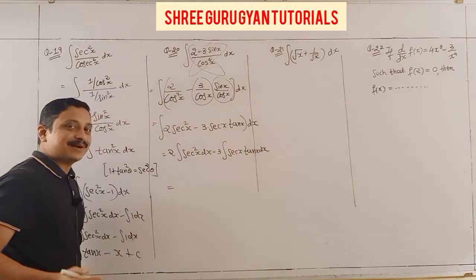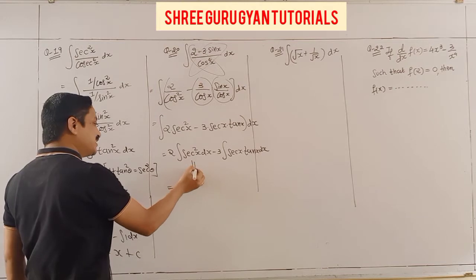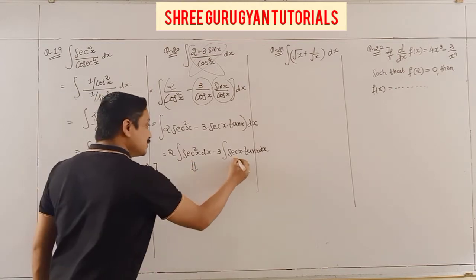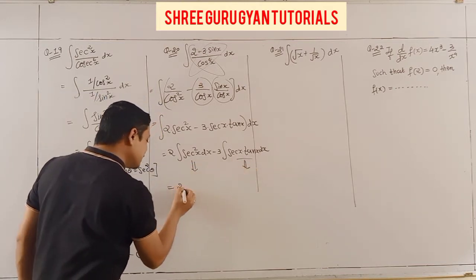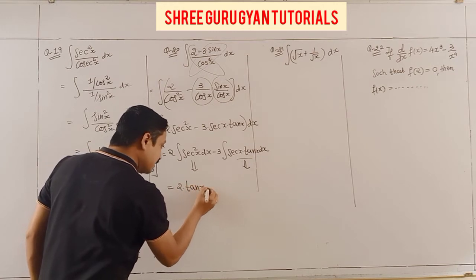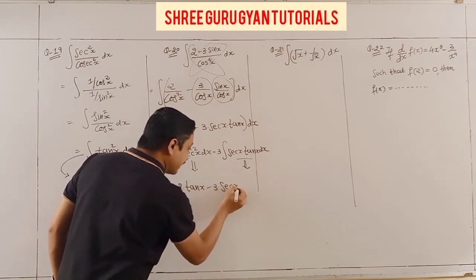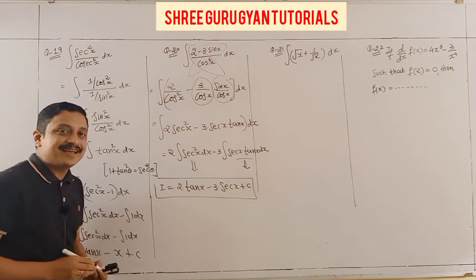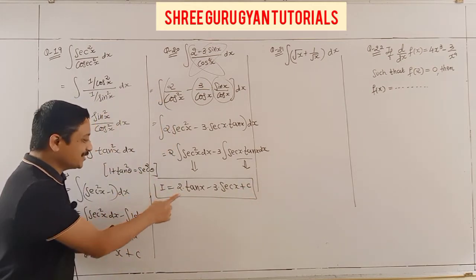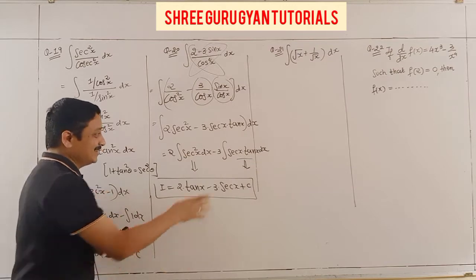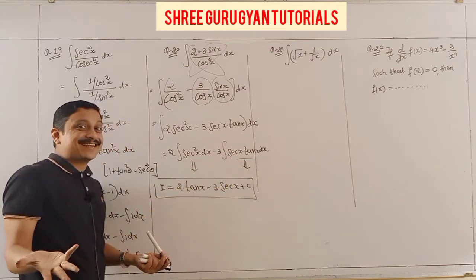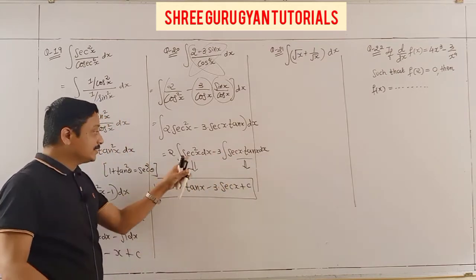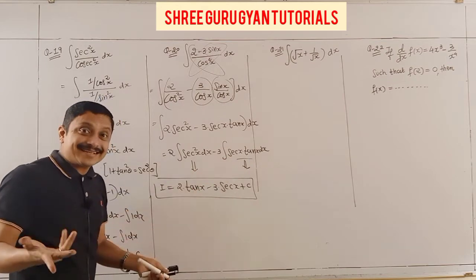In short, my data is ready. This integration I know, this is also known. So 2 tan x and here 3 sec x plus c. And this is very easily the answer because the derivative of tan is sec square x and the derivative of sec is sec x tan x. Indirectly the antiderivative is tan and here sec.